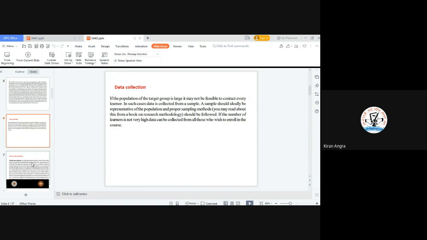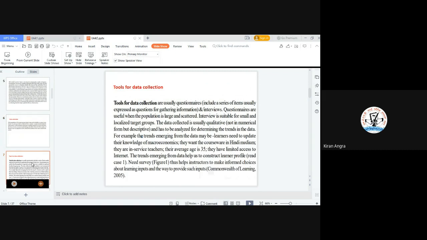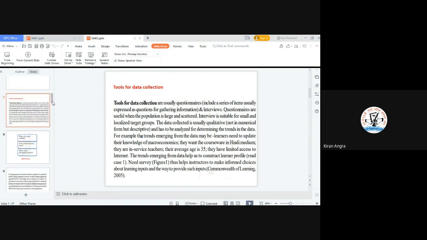So this way, the trends emerging from the data help to construct the learner's profile, and the need survey thus helps the instructor to make informed choices about the learning inputs and the way to provide these inputs.